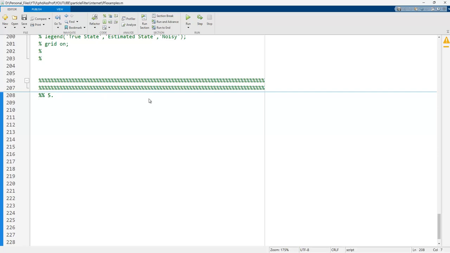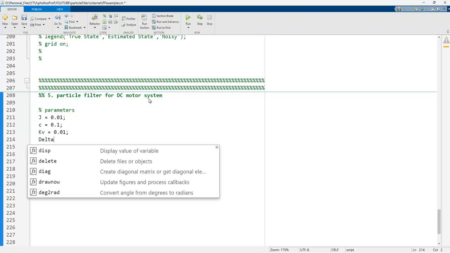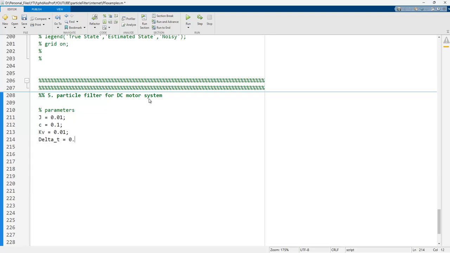Okay, in the last example, we will build the particle filter for the DC motor system. We need to define the parameters here. J is 0.01, C is 0.1, KV is 0.01, delta T is 0.1 seconds.